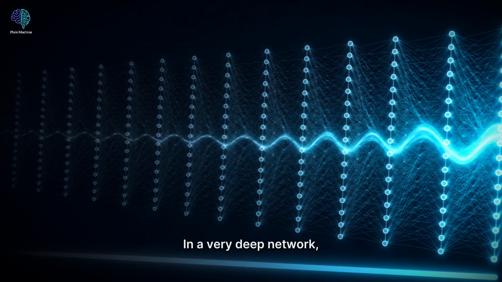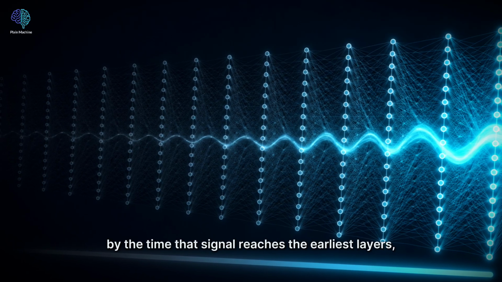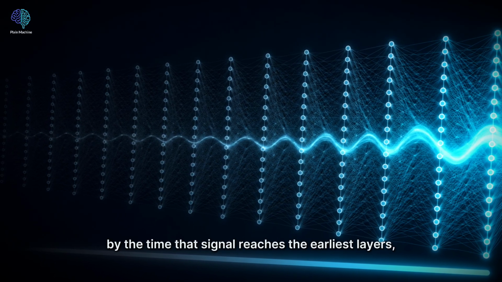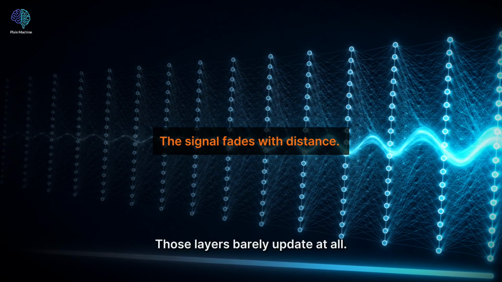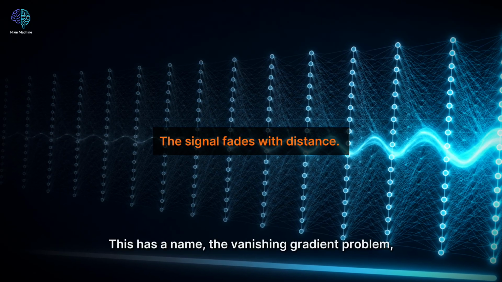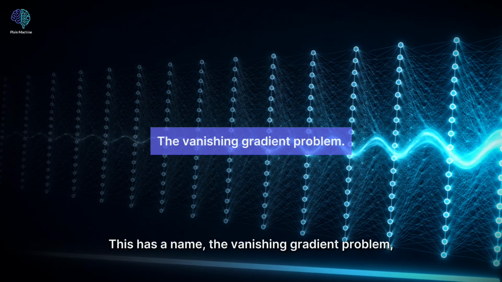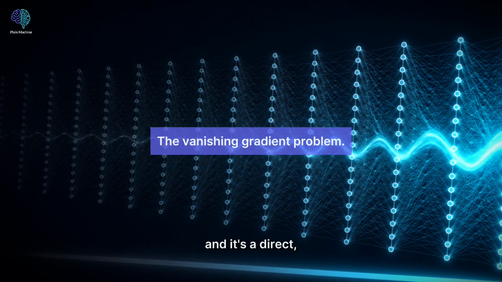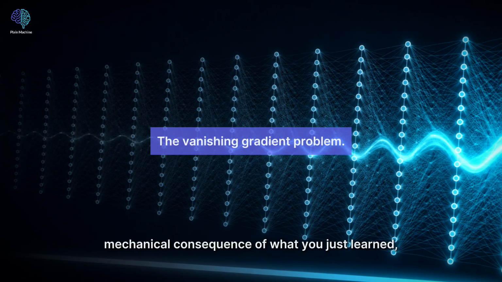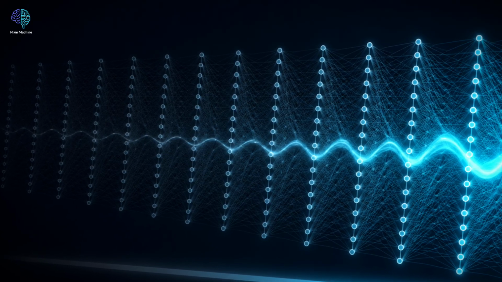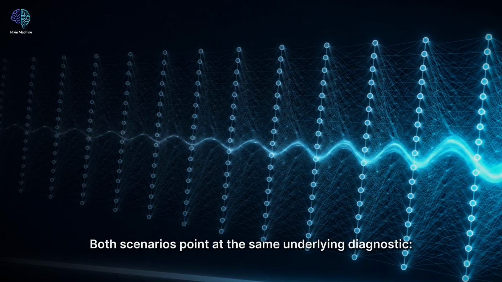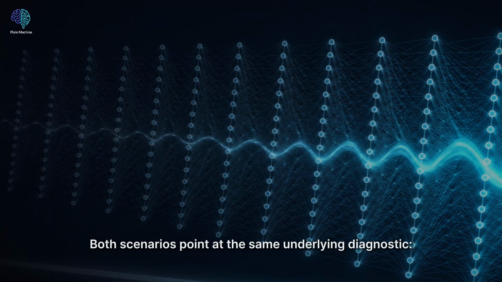In a very deep network, by the time that signal reaches the earliest layers, it can shrink to almost nothing. Those layers barely update at all. This has a name, the vanishing gradient problem, and it's a direct mechanical consequence of what you just learned, not a mysterious failure.